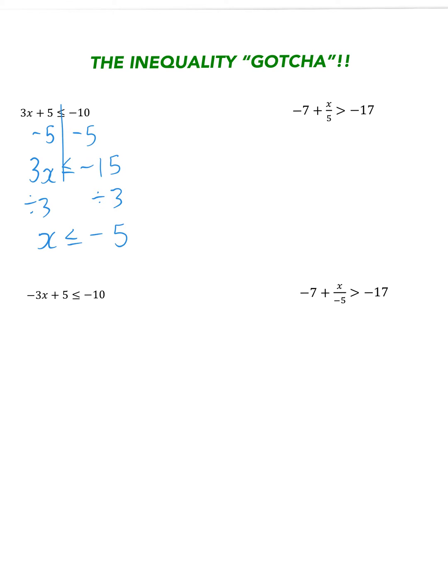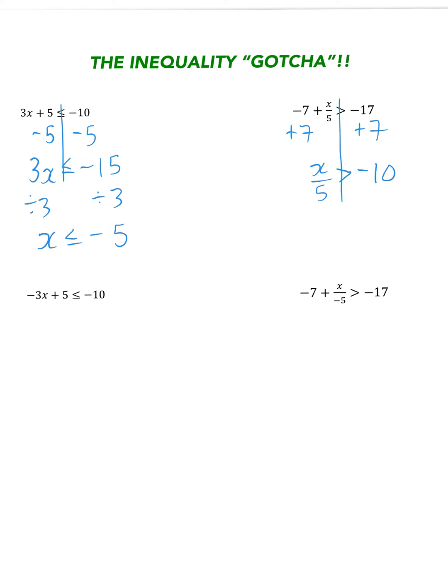Okay. What about this one down here? Or over here? Let's do this one next. So we're going to solve by adding 7 to both sides. So we're going to have x over 5 is greater than, and negative 17 plus 7 is negative 10.